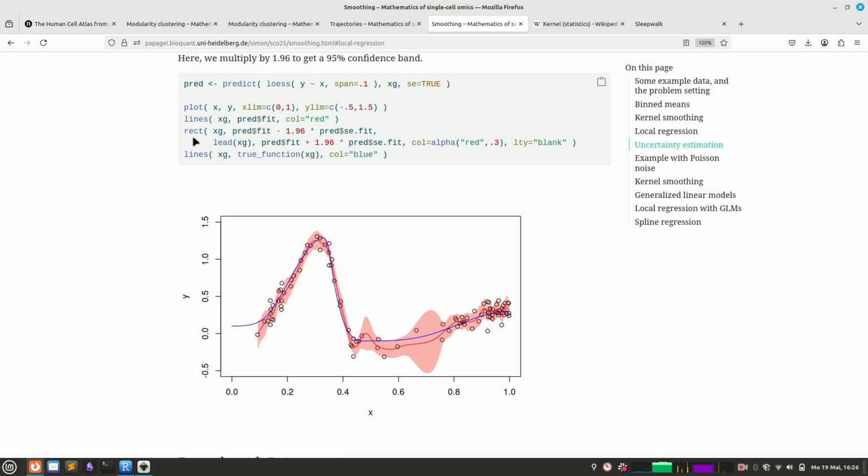And using these, you can also get a standard error for the actual y value that the thing predicts for the curve. I run this and ask it to give me these standard errors.